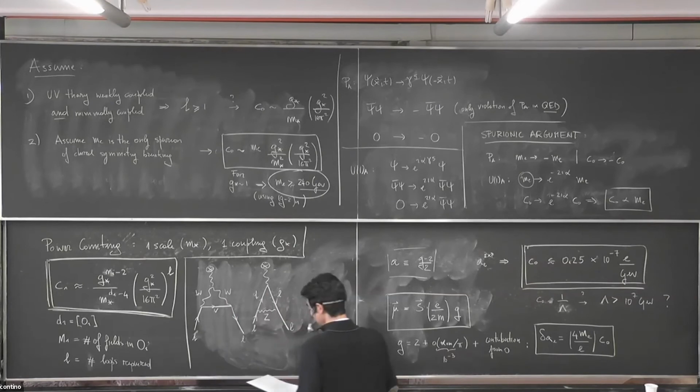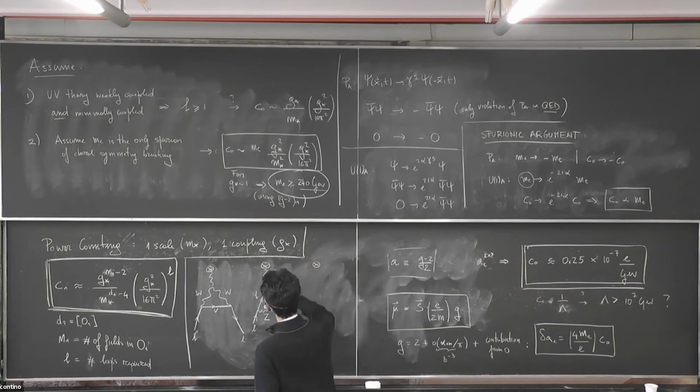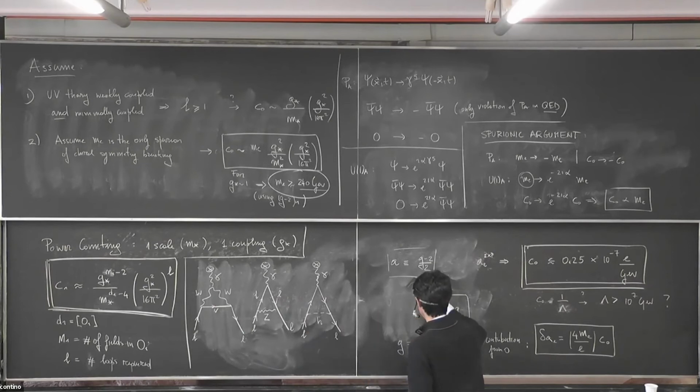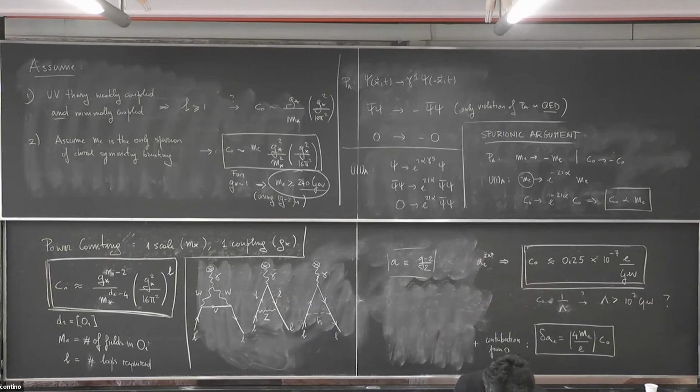And then the last diagram is the one with the Higgs, where this is the photon. The one with the Higgs is smaller because of the small Yukawa coupling. So this is the Higgs boson, and here you have the lepton. So if you make the calculation, and the calculation has been done in this paper here, Bardeen et al.